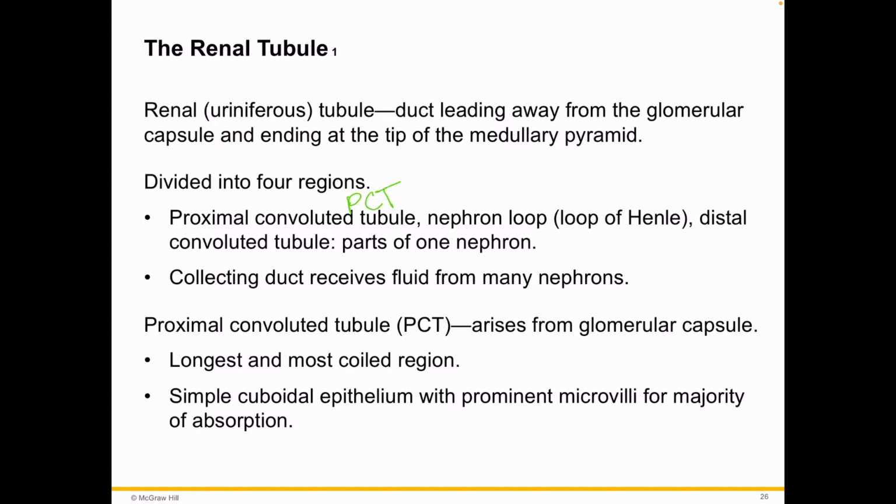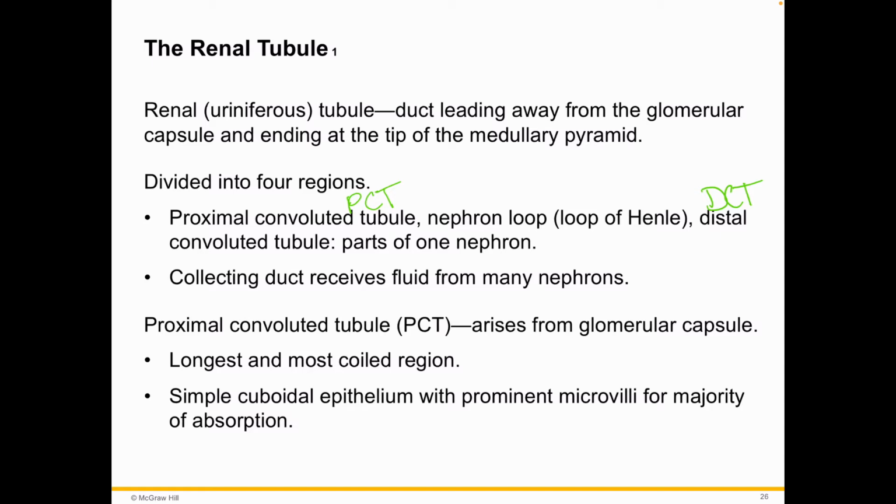The PCT, the loop of Henle, and then the distal convoluted tubule, which is going to be the DCT. So you'll see that a lot. We'll look at an image in just a minute.